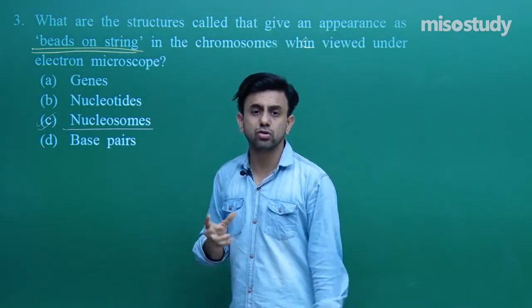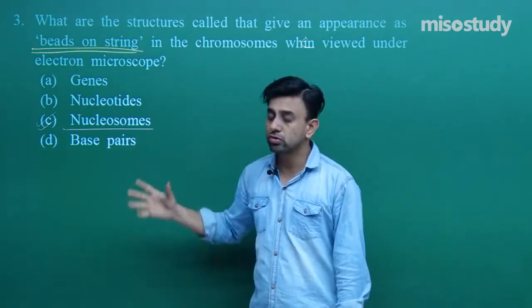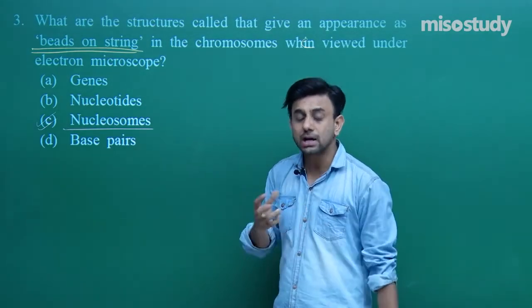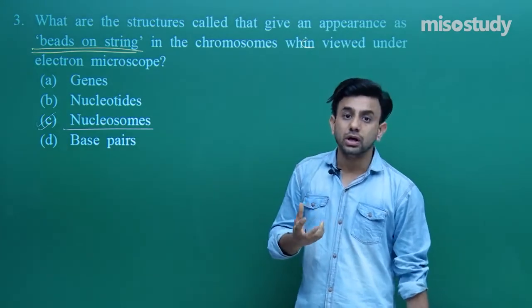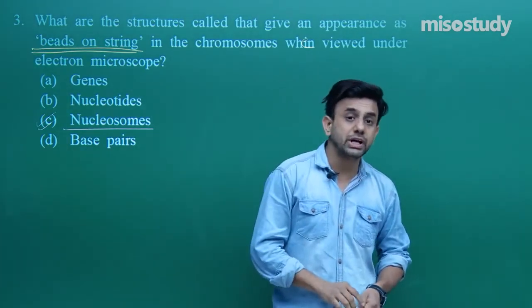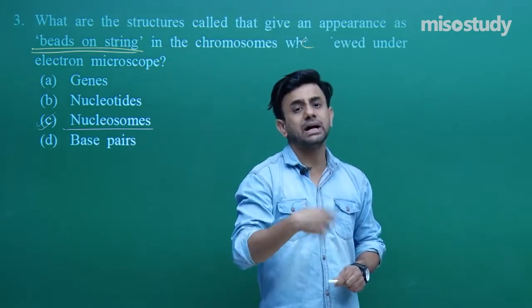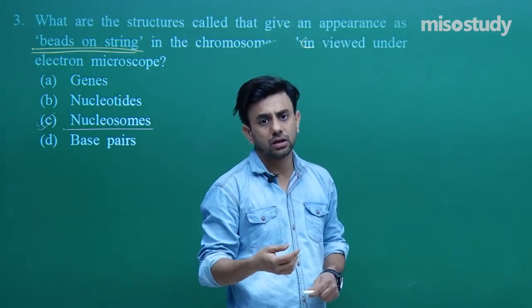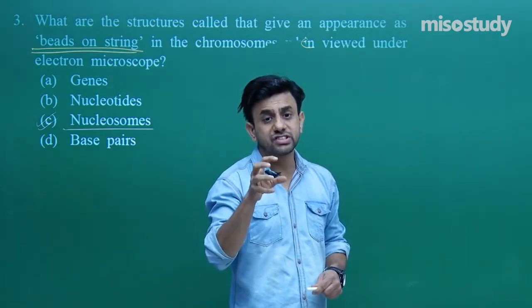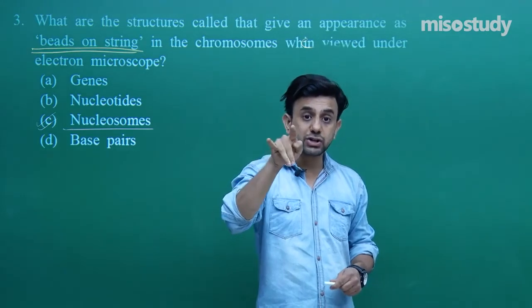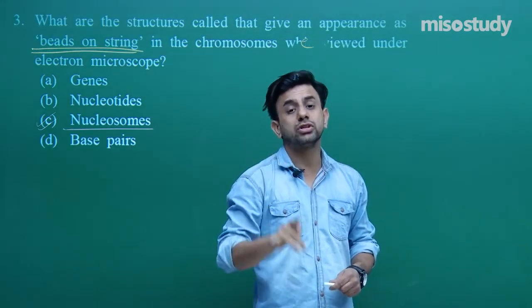Now what are nucleosomes? What we see in a nucleosome is that the packer molecules, the histones, are there. A nucleosome is actually a core of histone molecules which is wrapped by the DNA outside, and the core consists of 4 histone molecules, H2A, H2B, H3 and H4.